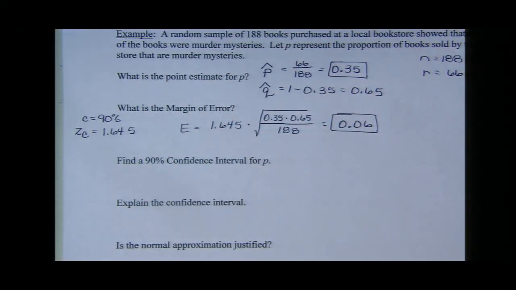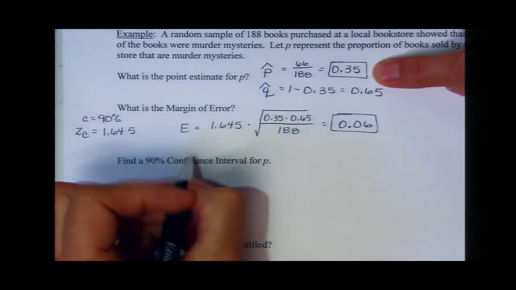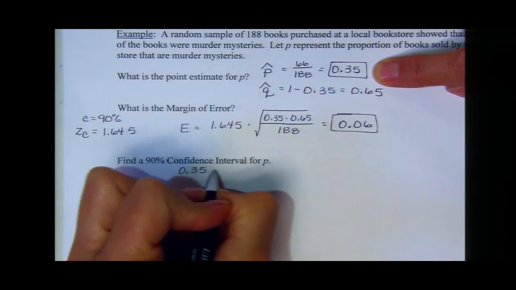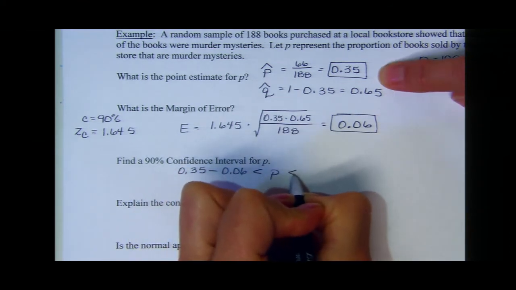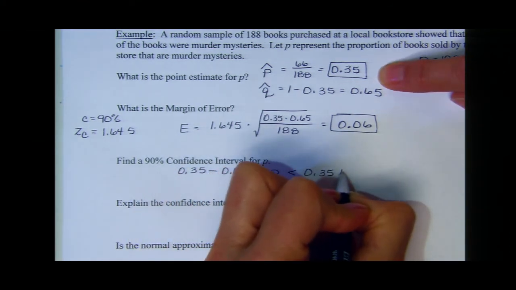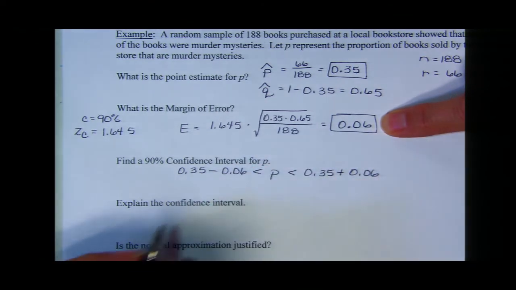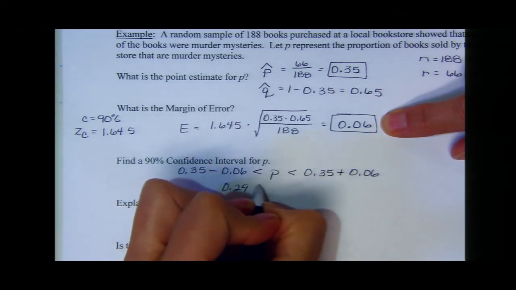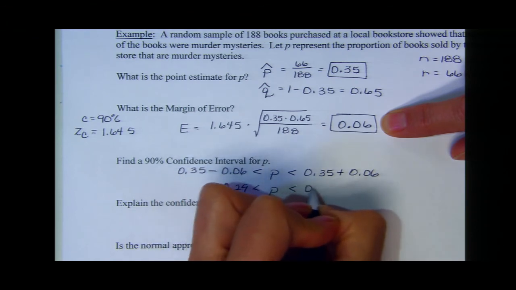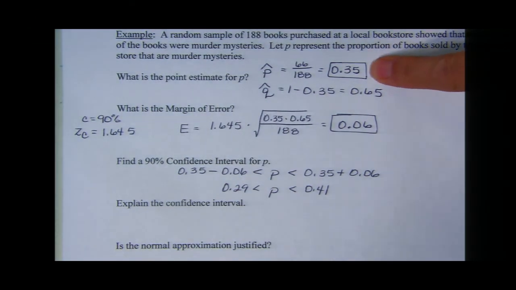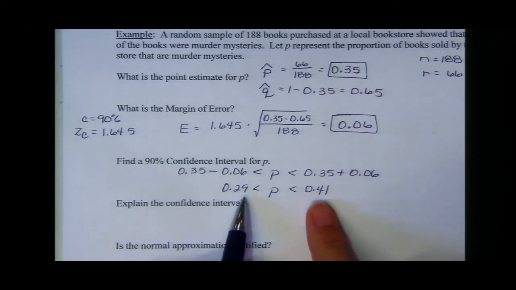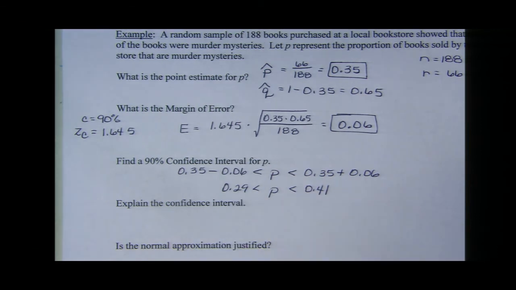So now my confidence interval, well, my confidence interval is P hat, 0.35, minus my margin of error, and P hat plus my margin of error. So we get 0.29 and 0.41. So based upon my confidence interval, I'm saying that I would guess that 35% of the books they sell are murder mysteries, but it's going to typically be anywhere from 29% to 41%.